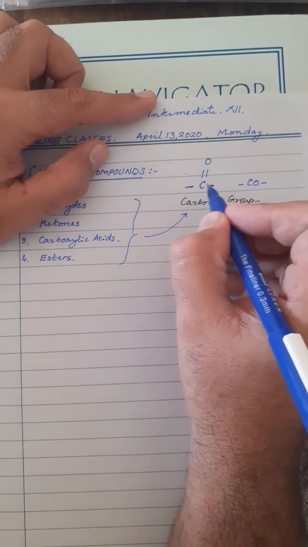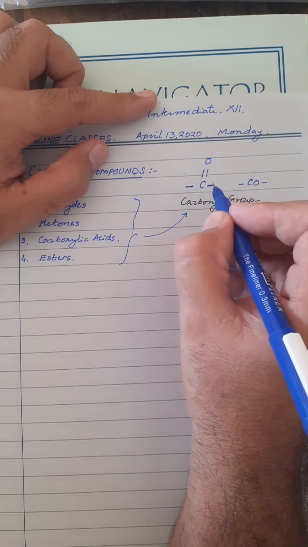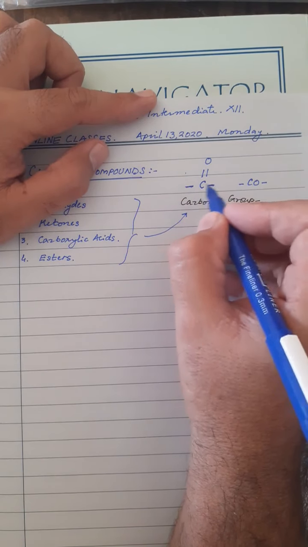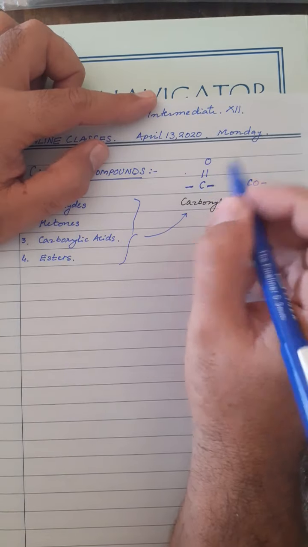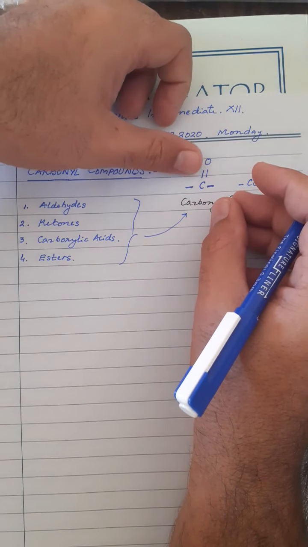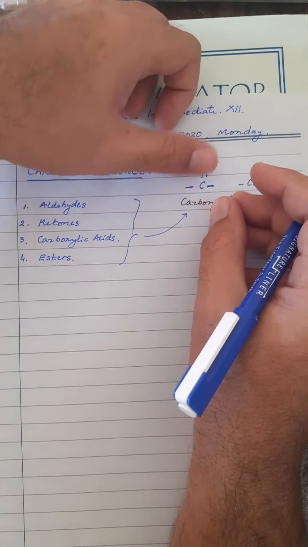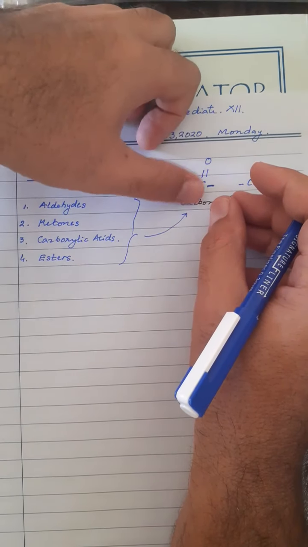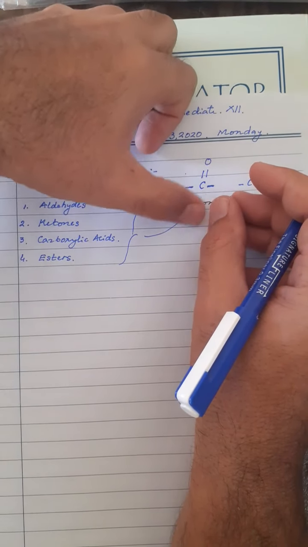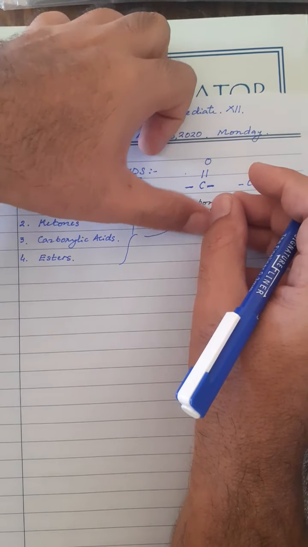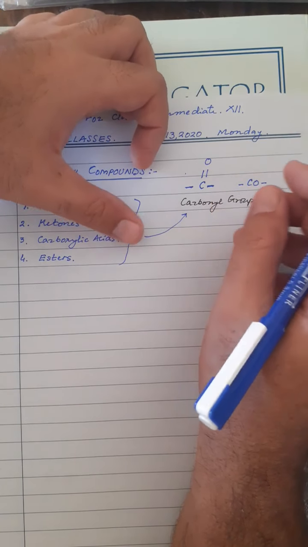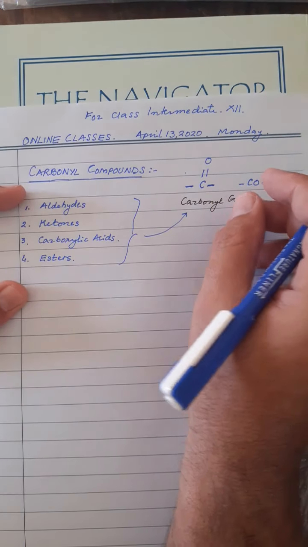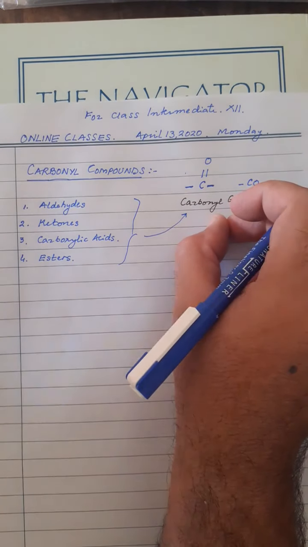Now how these 2 remaining valencies of carbon are satisfied will convert a compound into an aldehyde or a ketone or a carboxylic acid or an ester. So all these compounds basically contain this group with some slight changes.